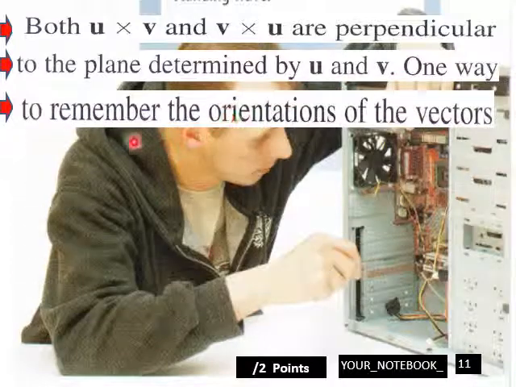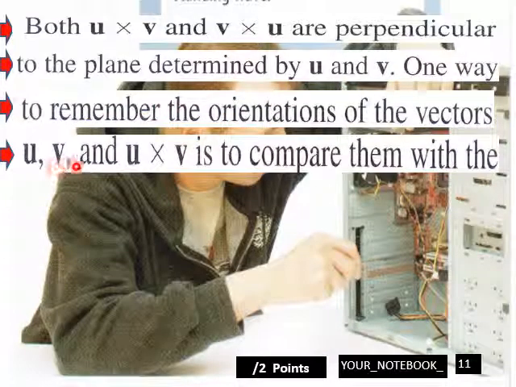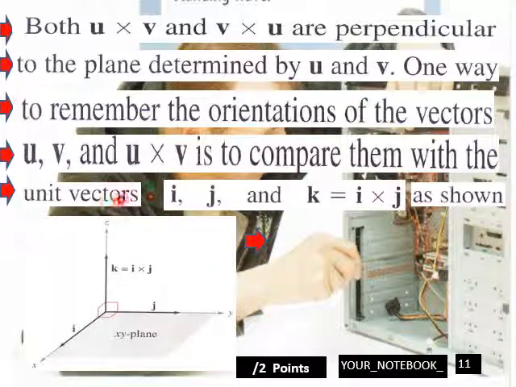One way to remember the orientations of the vectors u, v, and u times v is to compare them with the unit vectors i, j, and k equals i times j, as shown. Here k equals i times j. Then we have i this way, and j this way. Everything is at 90 degrees here.